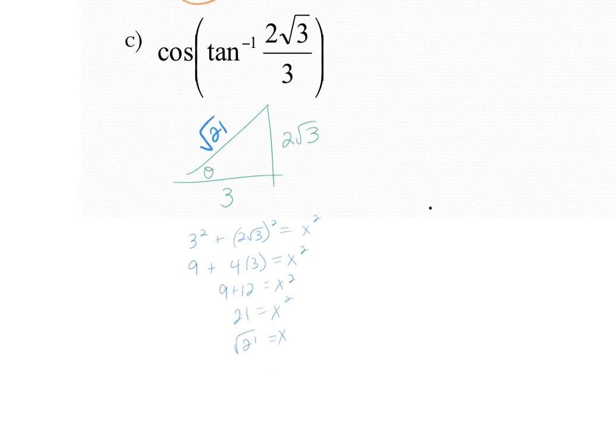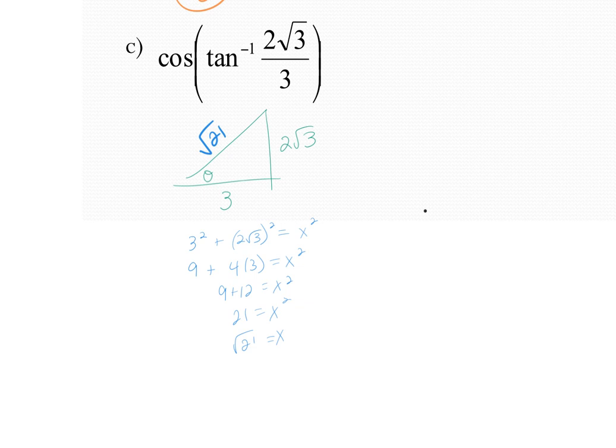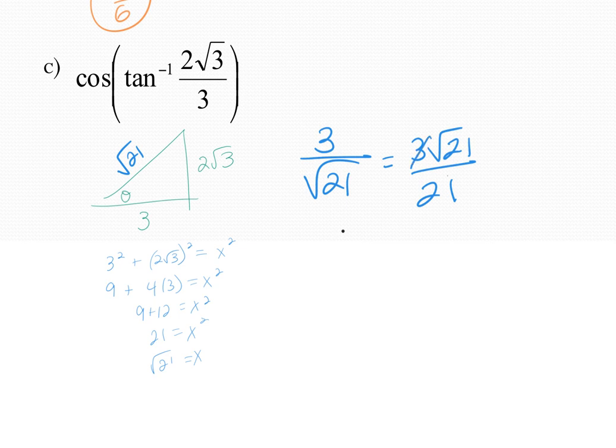So now, what's cosine of that same angle? 3 over root 21, which becomes 3 root 21 over 21, which becomes root 21 over 7.